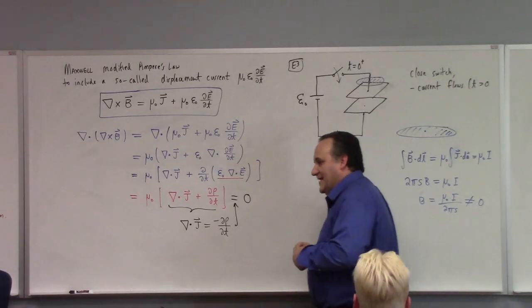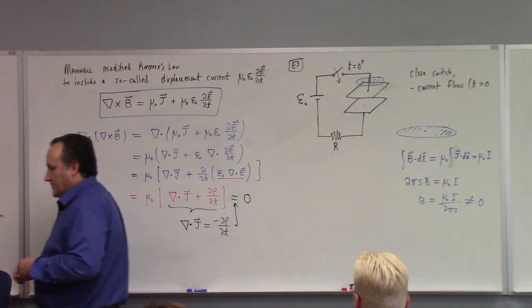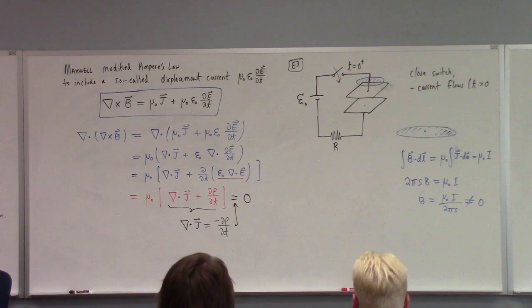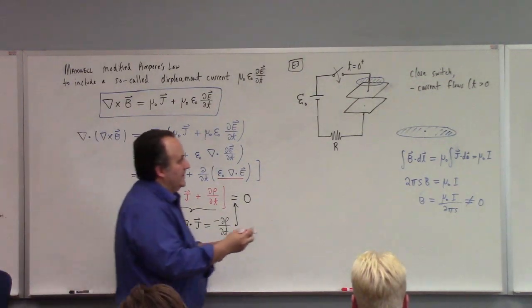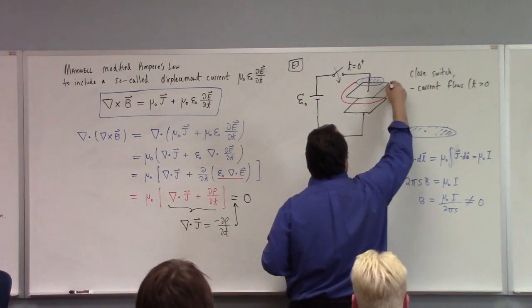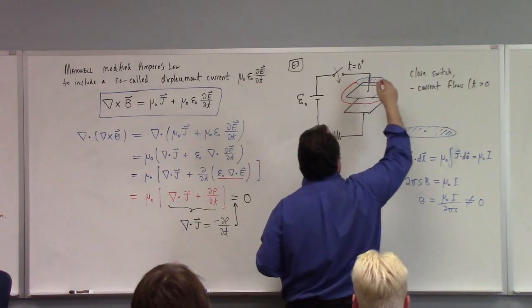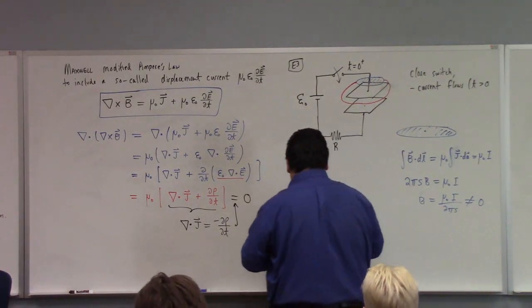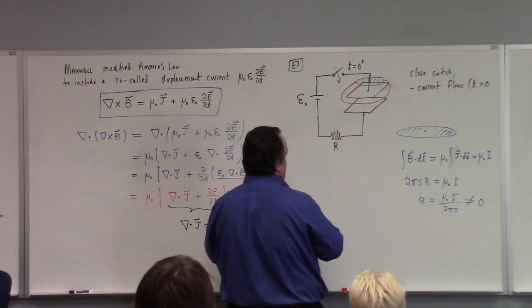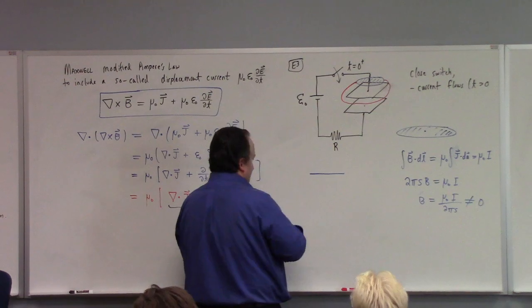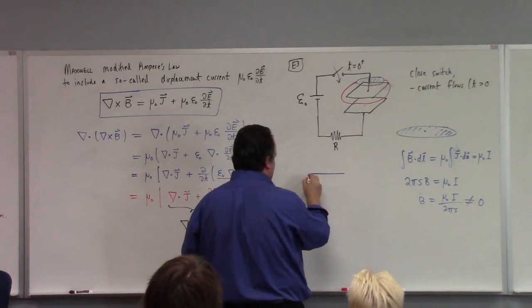But what if instead of that surface, you were to look at this surface? I'm failing to capture it. Maybe I have to draw it like this so you can see it better. So here's the loop I'm talking about, and then I'm saying to bubble it like this.